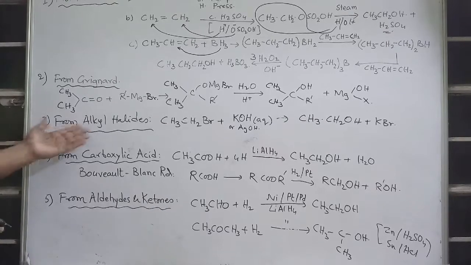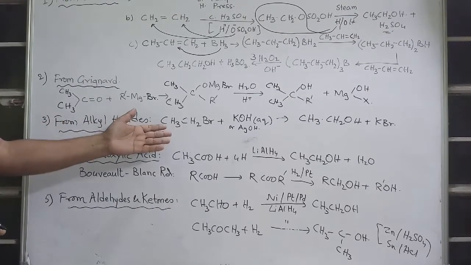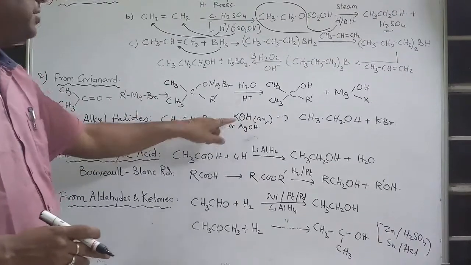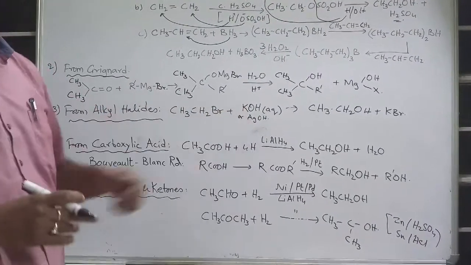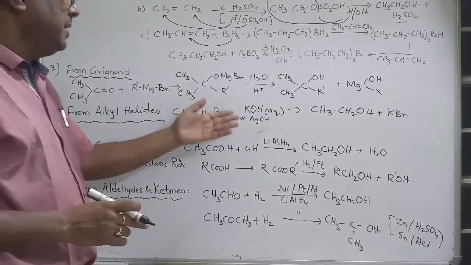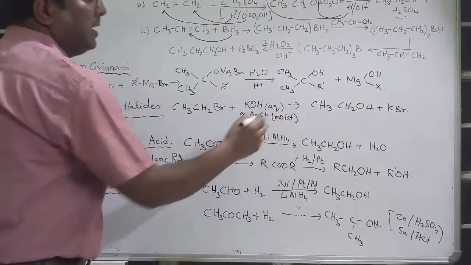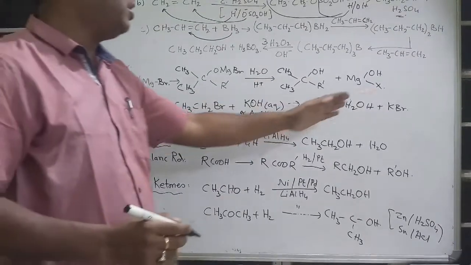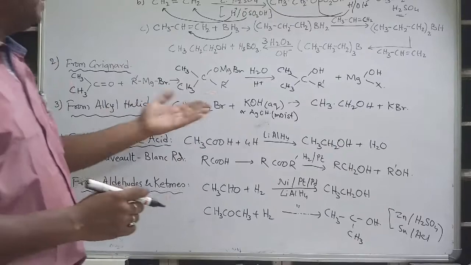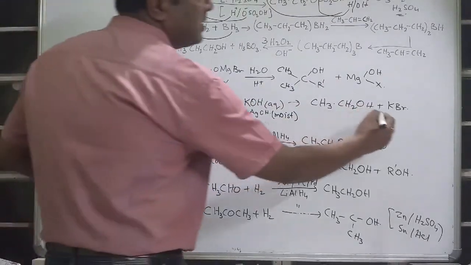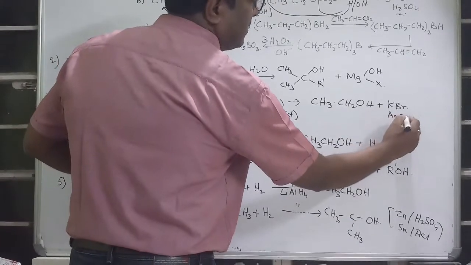Number 3 is from alkyl halides. Any kind of alkyl halide reacts with aqueous KOH or NaOH or silver hydroxide in the presence of moisture. In the presence of moisture, it is going to produce alcohol, and if it is potassium hydroxide, KBr will be formed. If it is silver, it is going to produce AgBr.